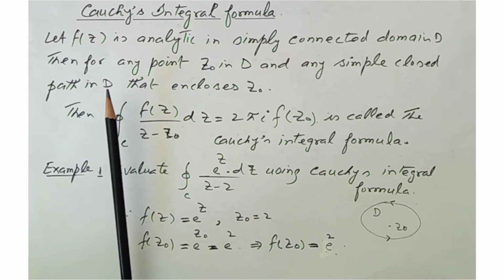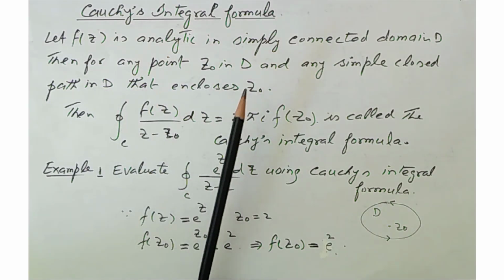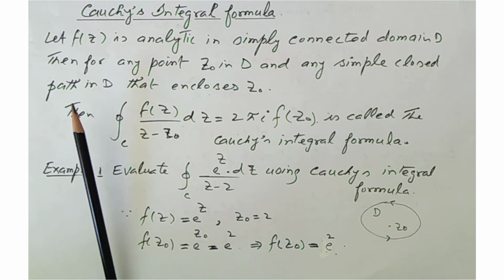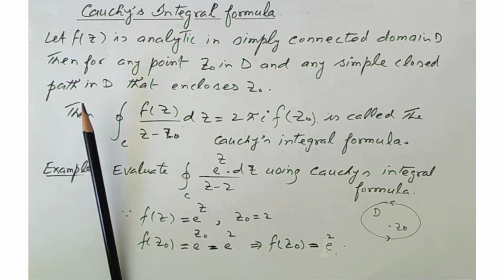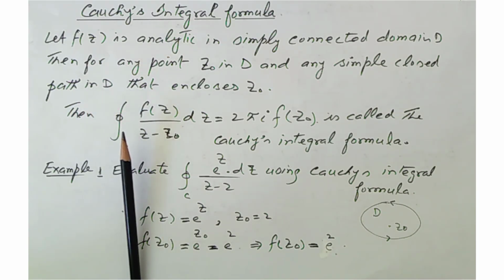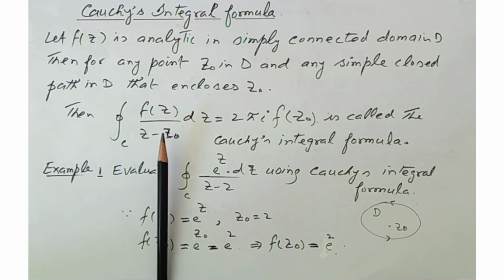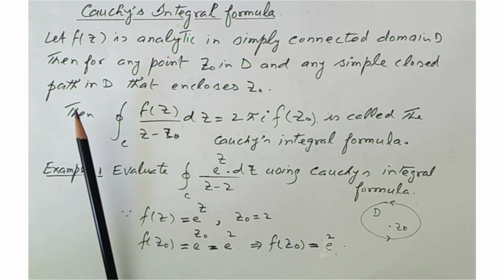This is also a very important formula. This is called the Cauchy integral formula. We evaluate integrals by using the Cauchy integral formula. It is very helpful to integrate integrals of complex numbers.